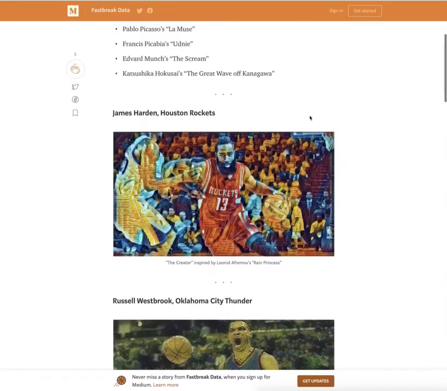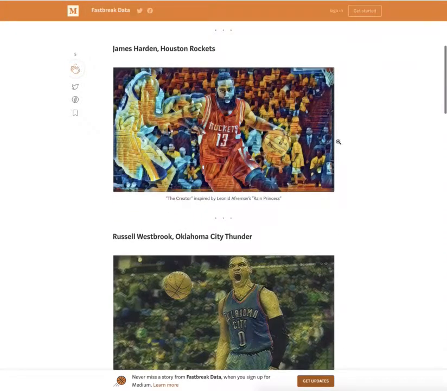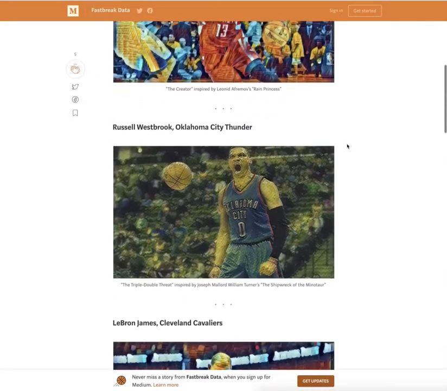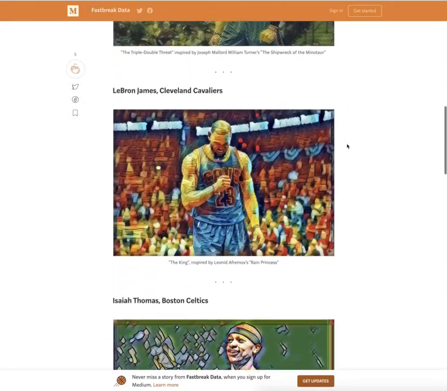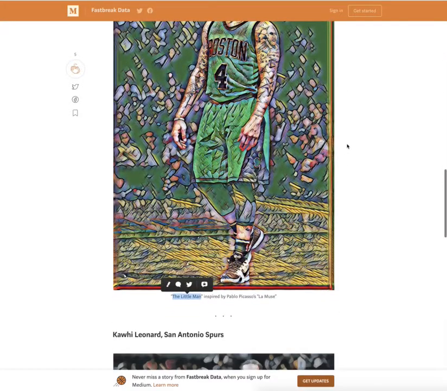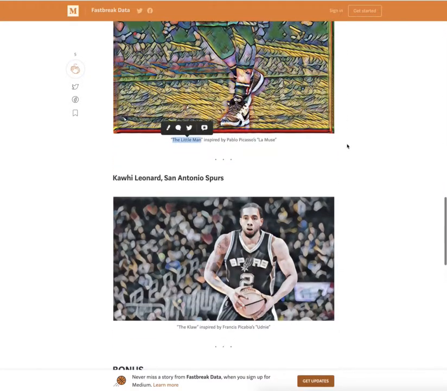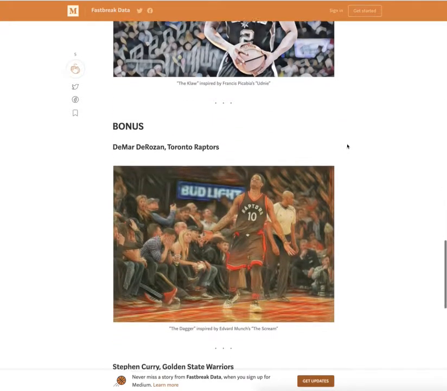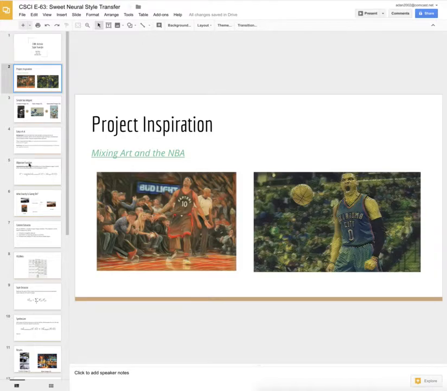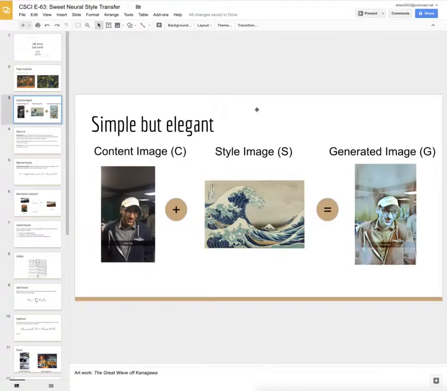And while in the technical post, pretty much what was just being shared were photos of game footage of NBA players, and they were remixed by various famous paintings. And I thought this was really cool to look at. But when I found out that deep learning was behind this, I was even more curious to learn more about it. And so that's why I decided to do this as my project.